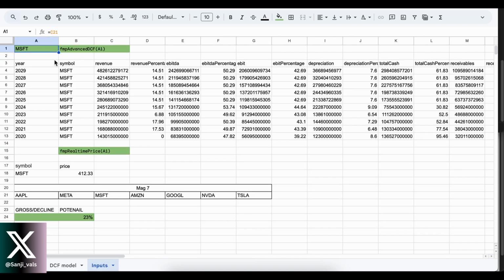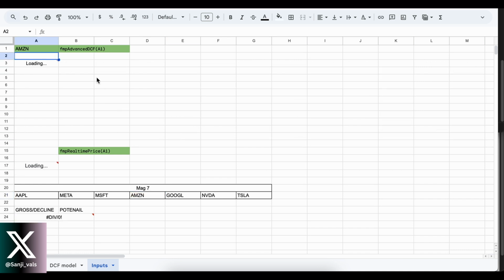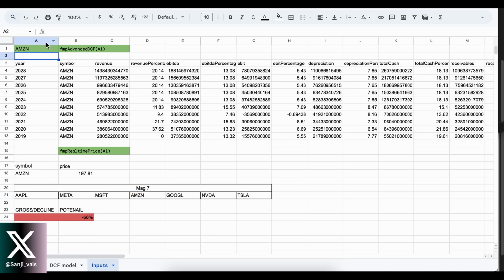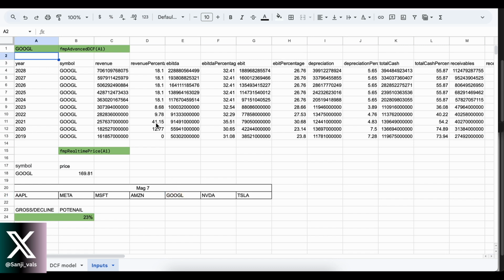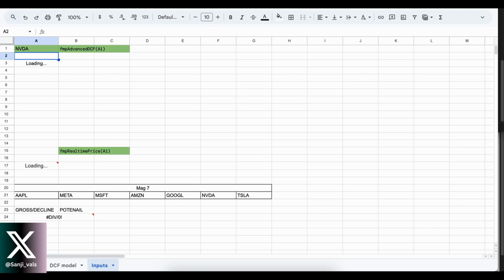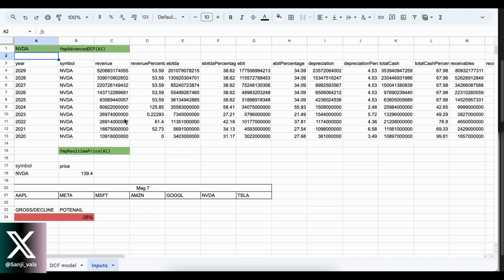Then we have the Amazon shares, which has 68% decline potential. That means that it's heavily overvalued based on our DCF model. Then we have Google shares with 23% growth potential, and we have the NVDA shares with 25% decline potential, and we have Tesla shares.